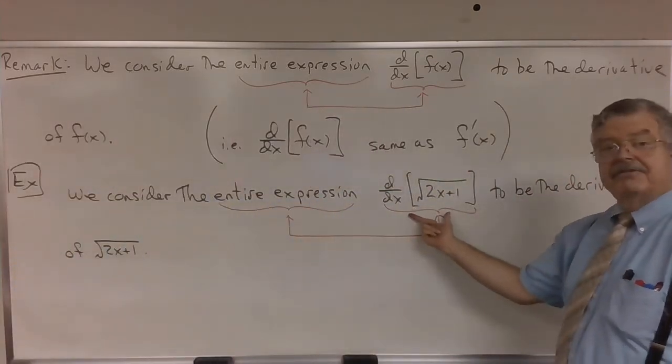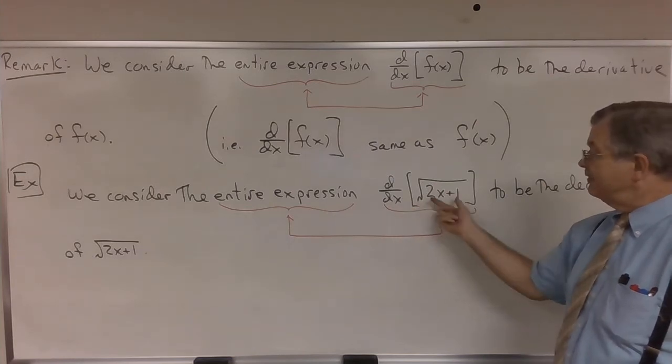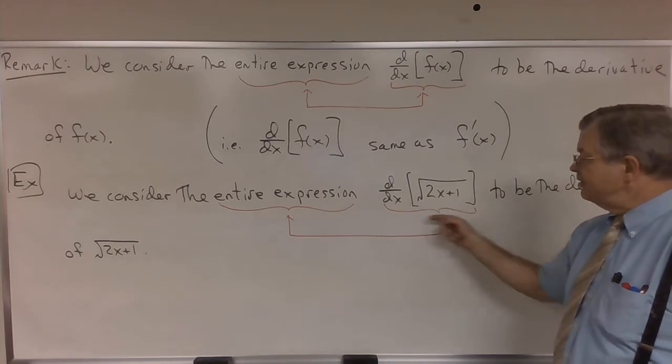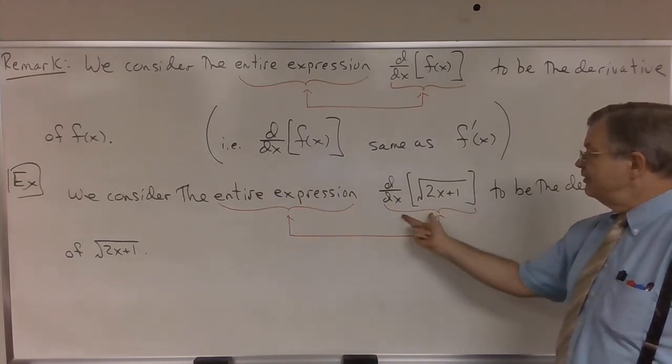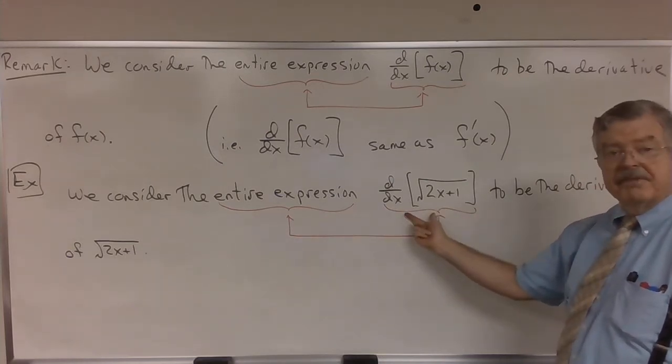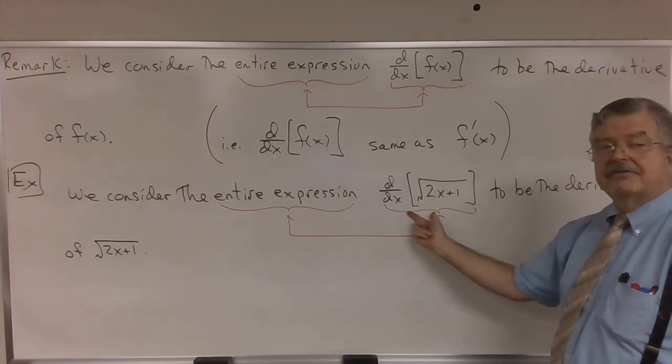This entire expression, the d dx and the square root of 2x plus 1, we consider this entire expression to be the derivative of the square root of 2x plus 1.